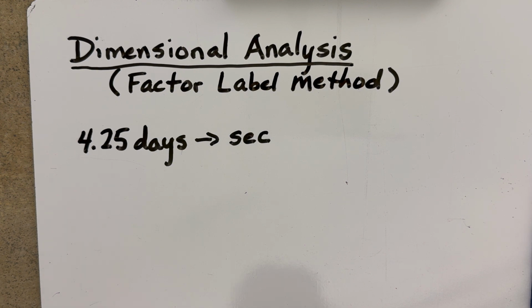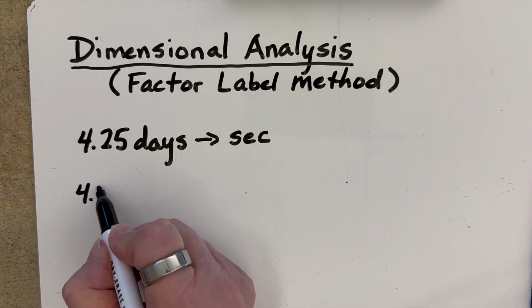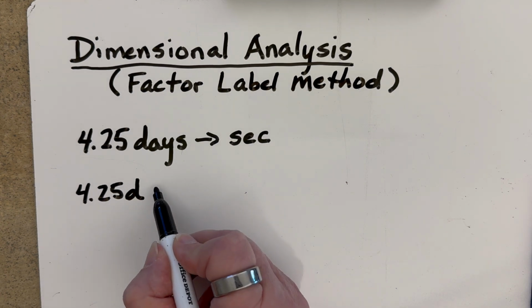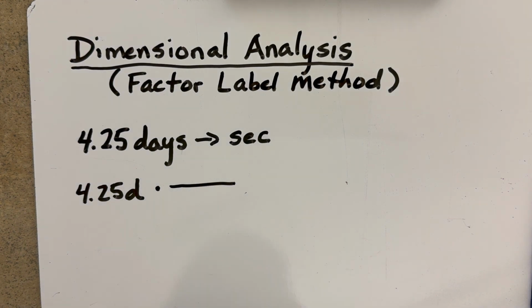Let's do one that takes several steps. You could probably do this problem without using the factor label method, but we're going to use it to show the method. So we have 4.25 days. I'm going to use D for days. And then we want to convert that to seconds. I don't know how many seconds are in a day.